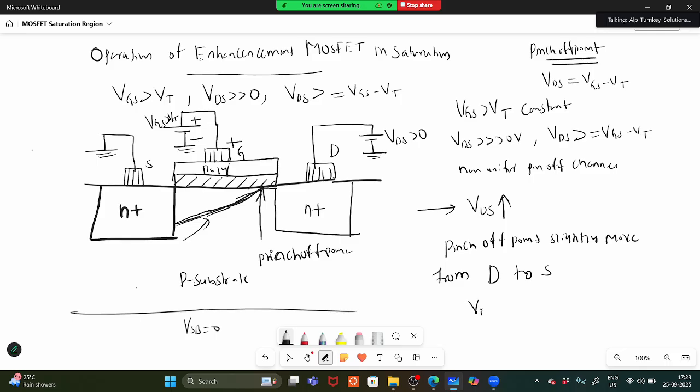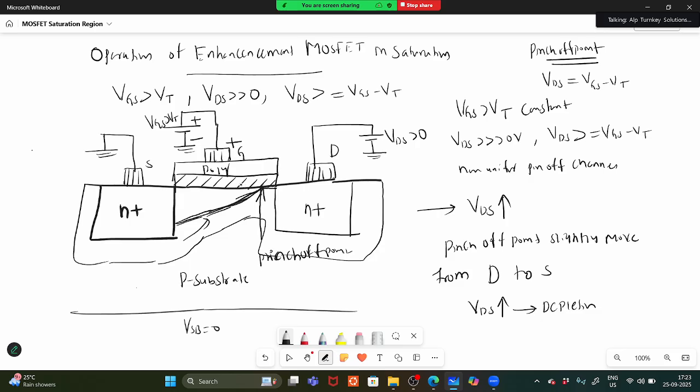As you increase VDS, the increment appears across the depletion region. Last class I told you there is a depletion layer, so the depletion layer will increase, and the pinch off point will move towards this region.